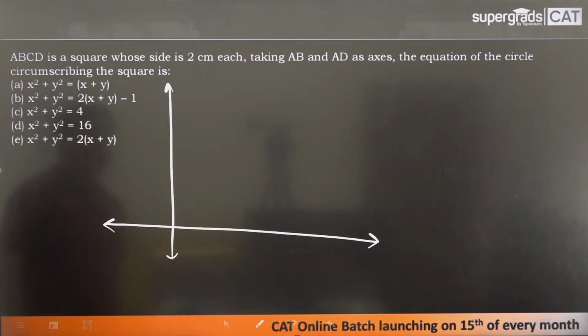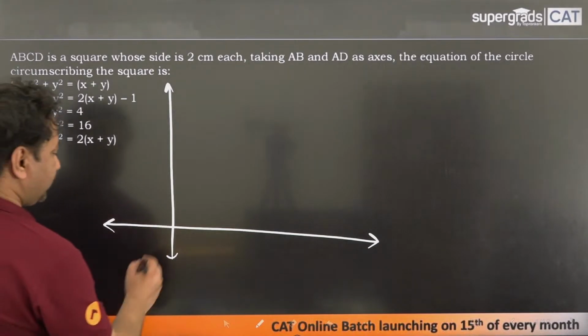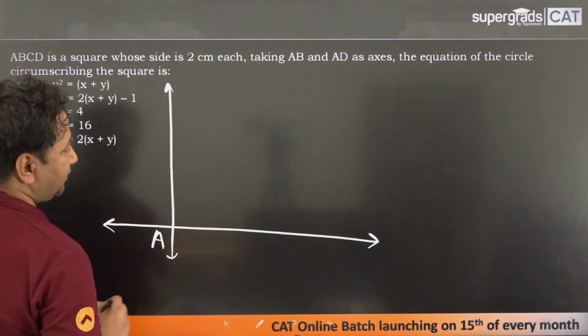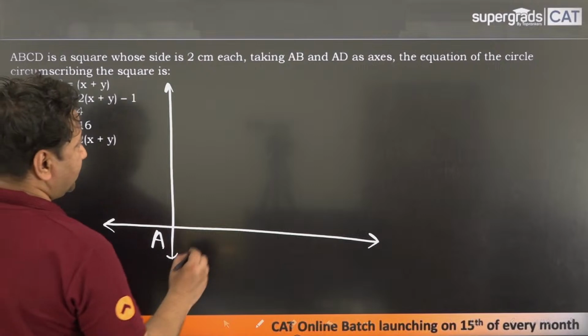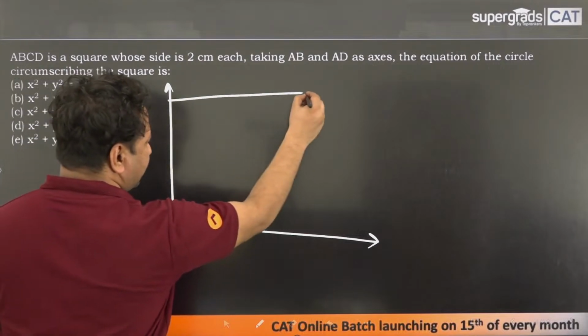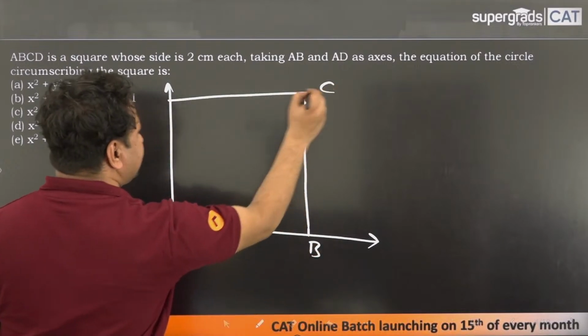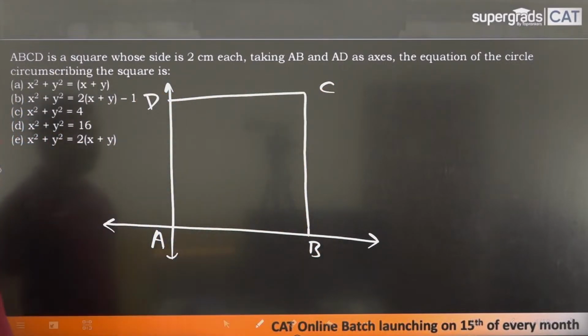AB and AD are the axes, that is what they are saying. So that means the origin will be A, 0 comma 0. If I draw a square like this, this is B, this one is C, and this one is D. This is the square that we have in front of us.